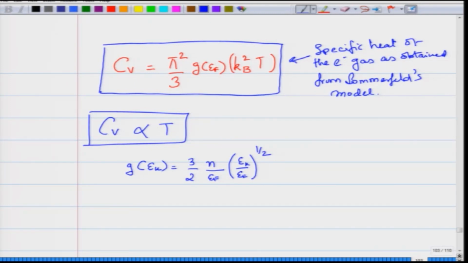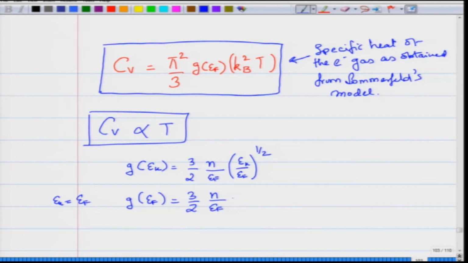And now, if I look at the density of states at E equal to Ef, the density of states at the Fermi energy is 3 by 2 n by Ef, because this factor becomes equal to 1. So, the density of states at the Fermi energy is nothing else but 3 by 2 n by Ef.